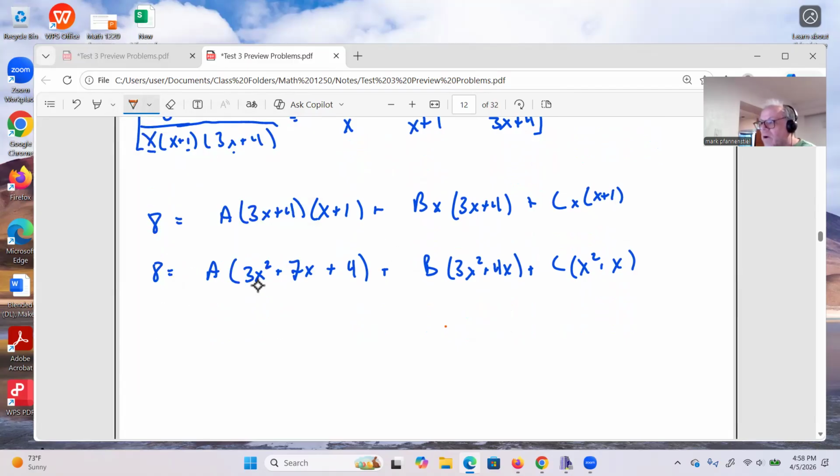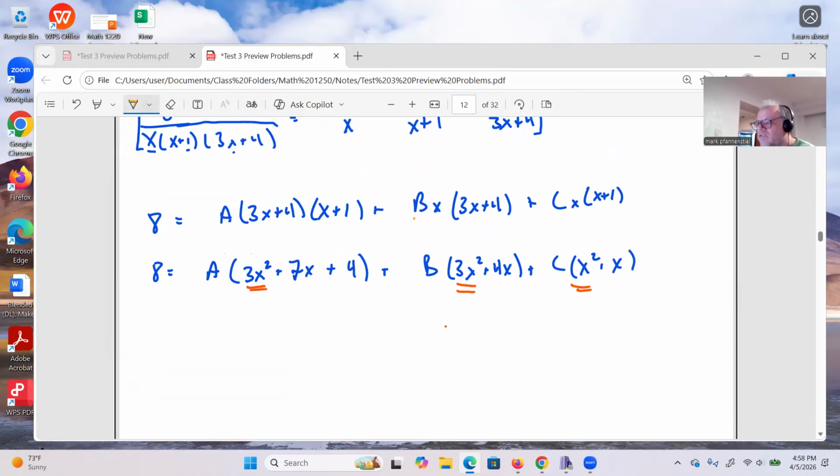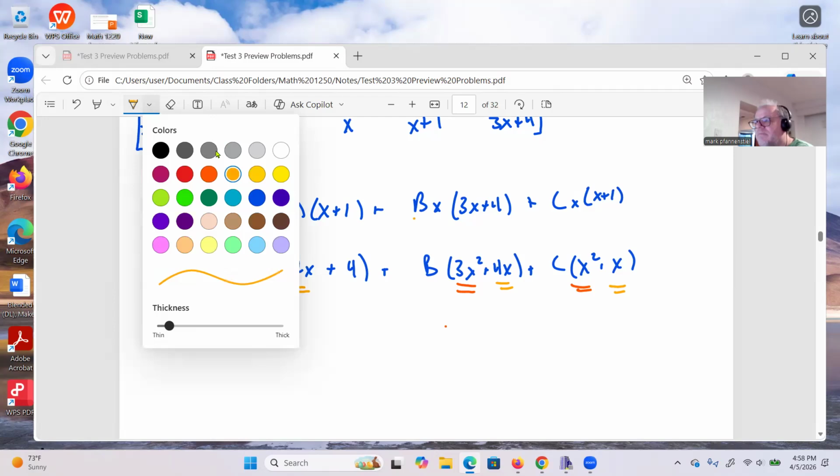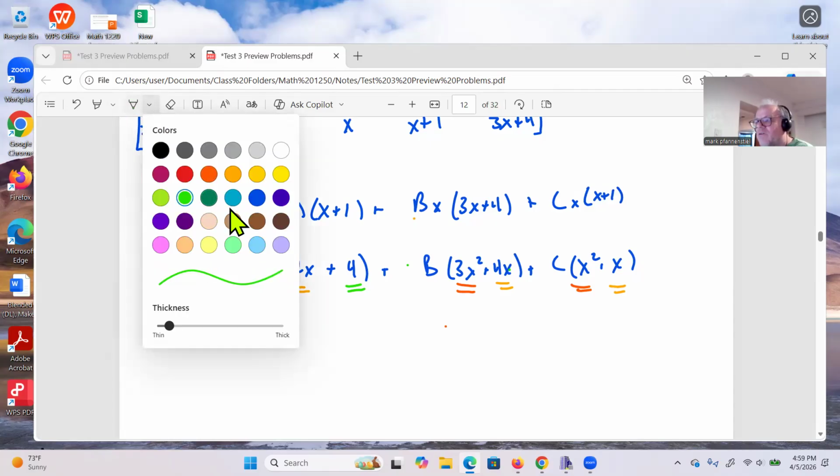We're going to get all the x squareds together, all of the x's together, and we can get our constants together. I'm just equating the coefficients here.